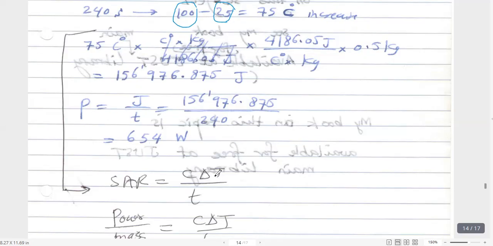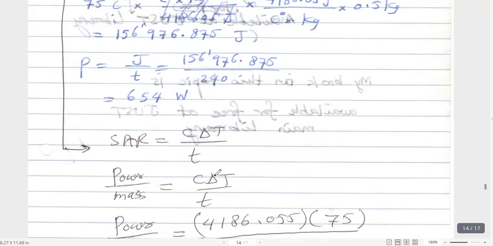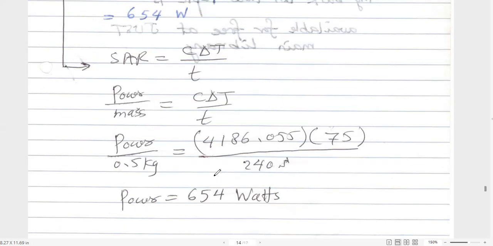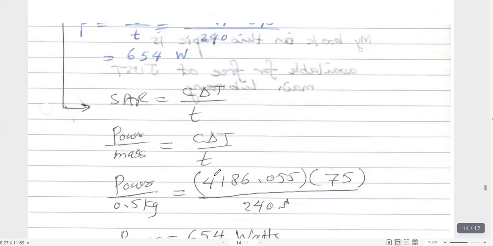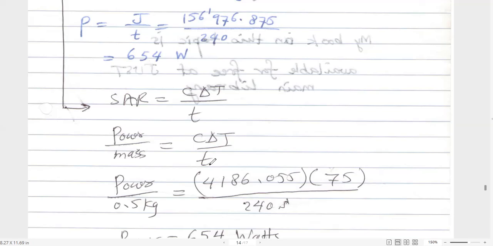We can use SAR here also. SAR is equal to power per mass. The mass is half kilogram, as we said. Power is unknown, and C is known, 4186 for water, and delta T is 75, which we already calculated, and the time is 240 seconds.